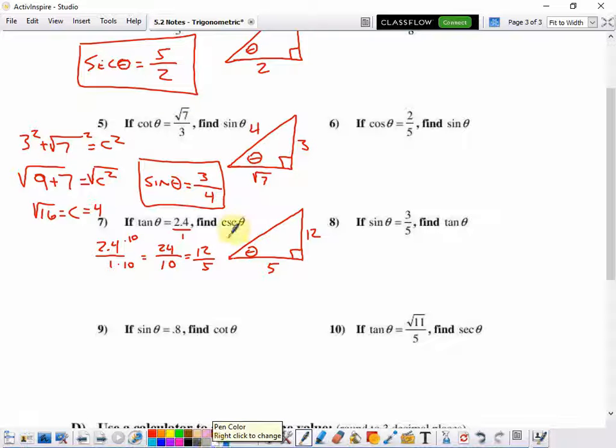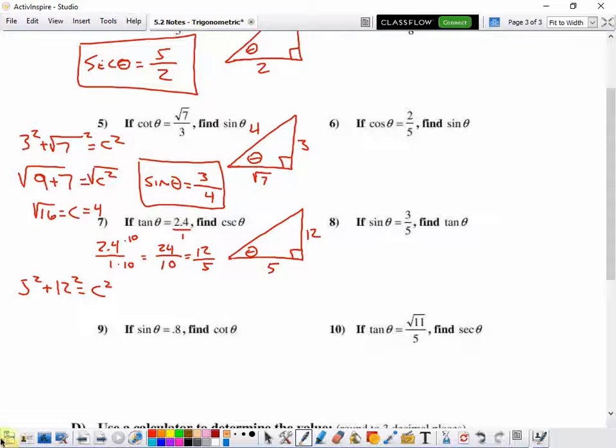And I want cosecant, which happens to be the reciprocal of sine, and for sine or its reciprocal, I need the hypotenuse. 5 squared plus 12 squared equals c squared.